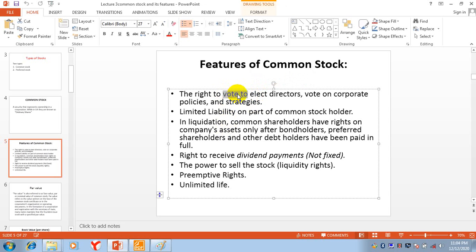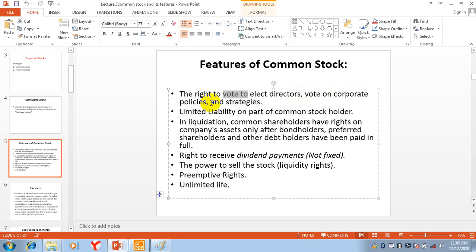So common shareholders, the first feature of common stock is that they have voting rights. Voting in what? In electing the board of directors. When the company is electing the board of directors, these common shareholders can vote. And the next thing is voting on corporate policies.